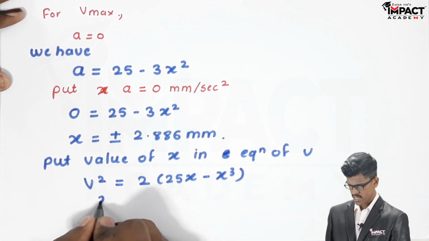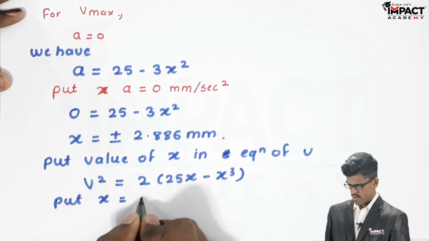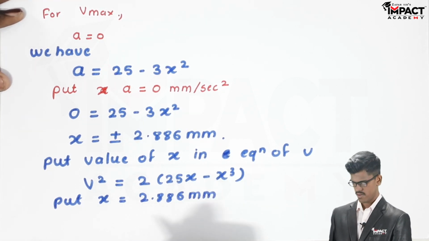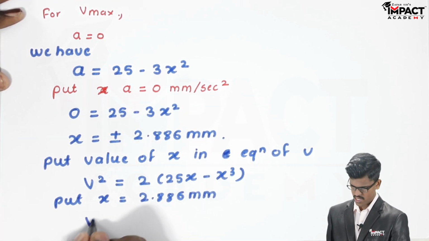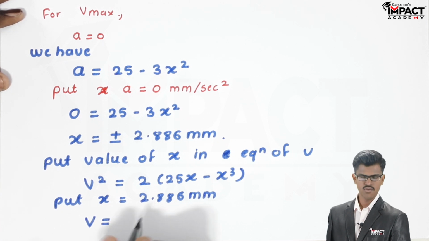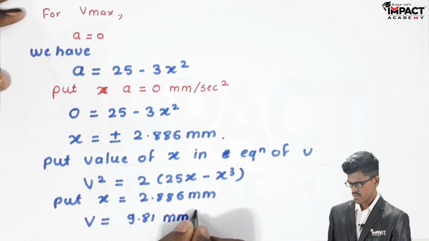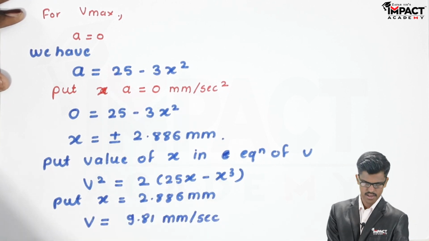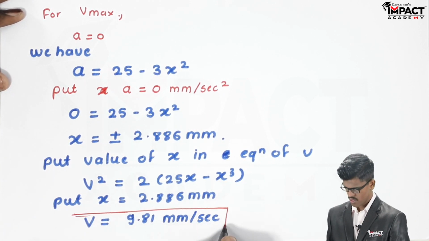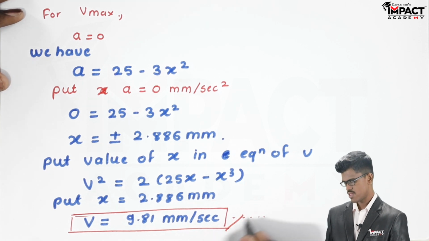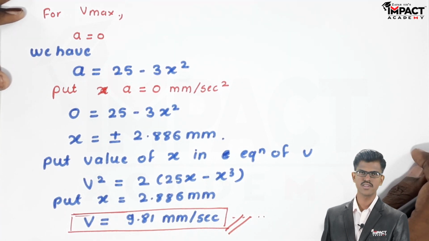We substitute x, and if we solve this equation, we get the value of velocity equal to 9.8 mm/s. This is our final answer.